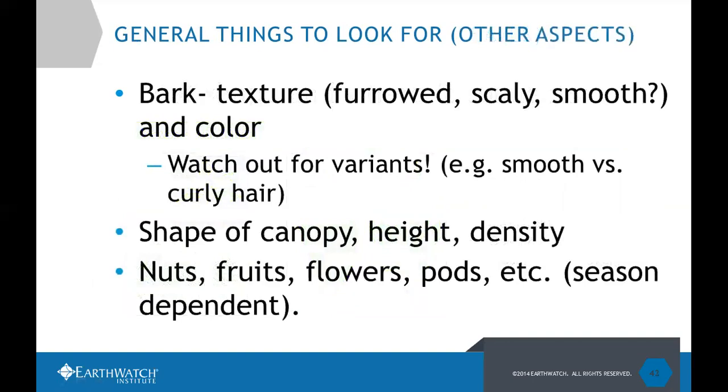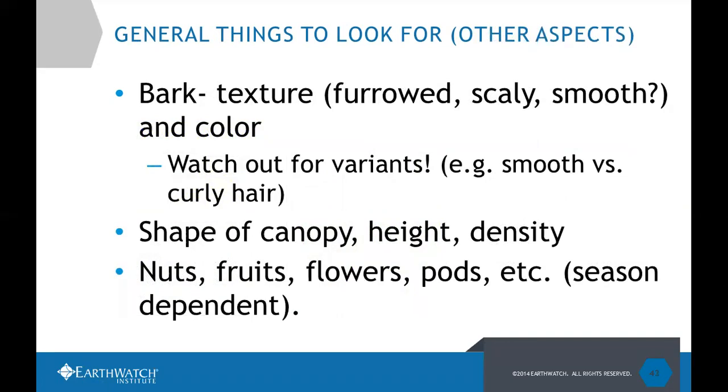Some other things to look at is bark. So texture: it could be furrowed, it could be scaly, it could be smooth. Some of the trees have very unique colors in terms of their bark, especially within the overall family, so that particular species may have a particular color associated with it. However, we do note this in your tree key ID, but it's also another thing to look out for, that sometimes trees within the same species will have variants.